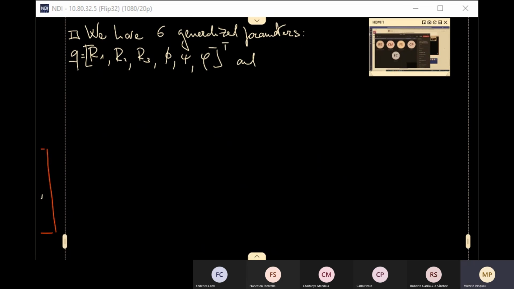Holonomic plus non-holonomic. 4. Let's call it constraint.